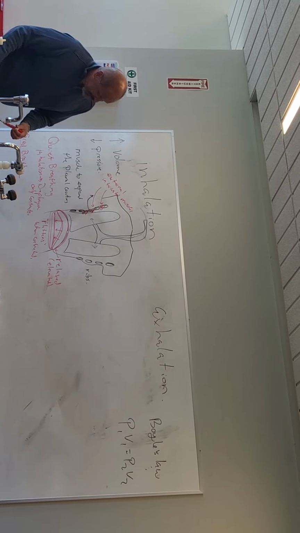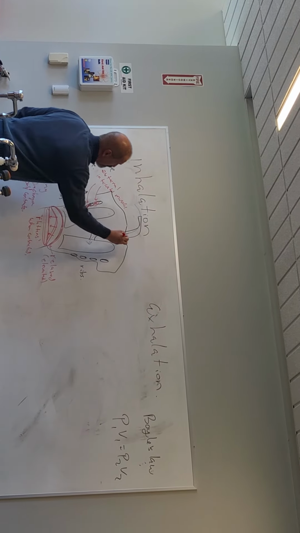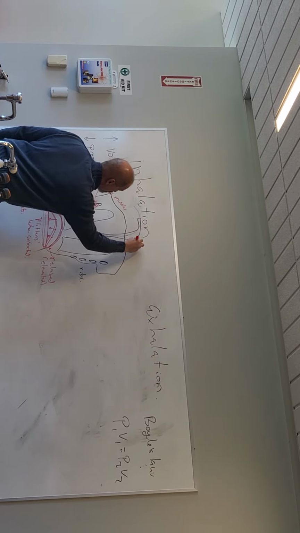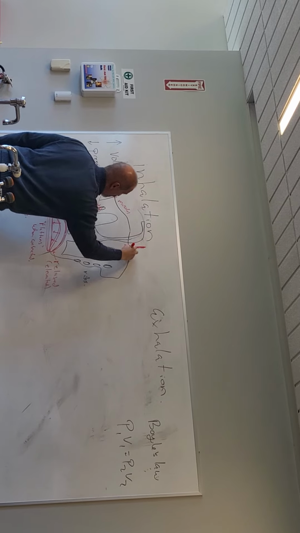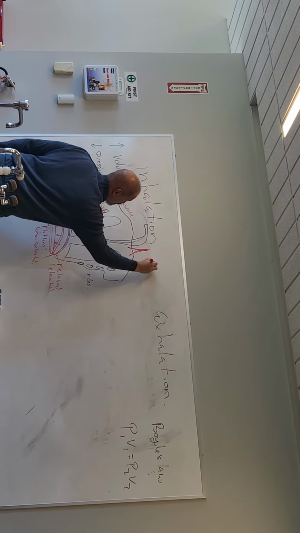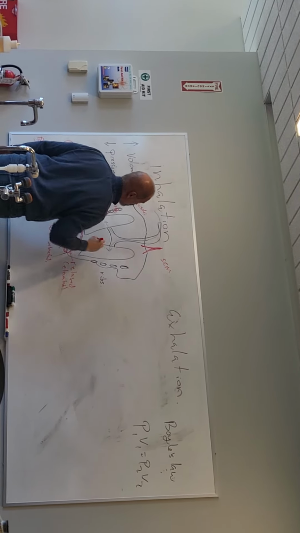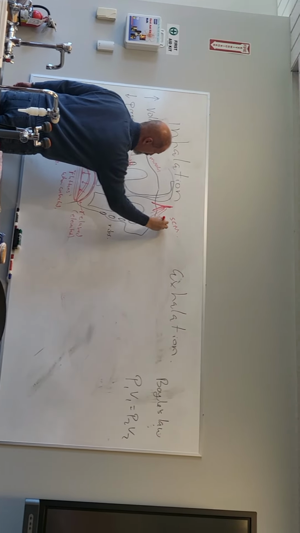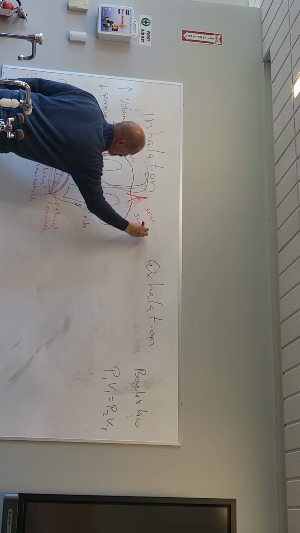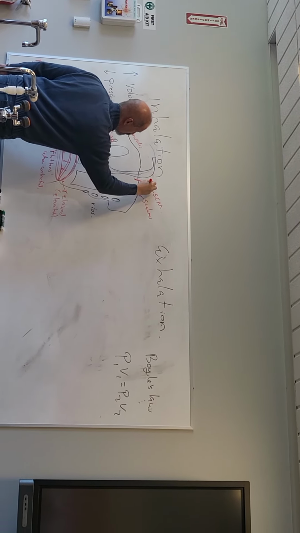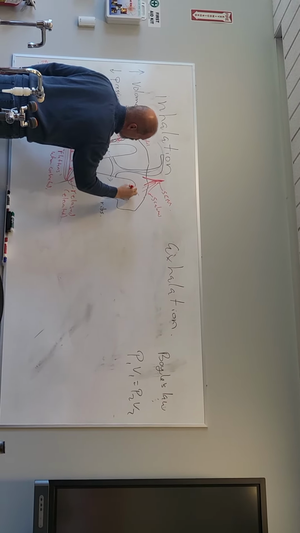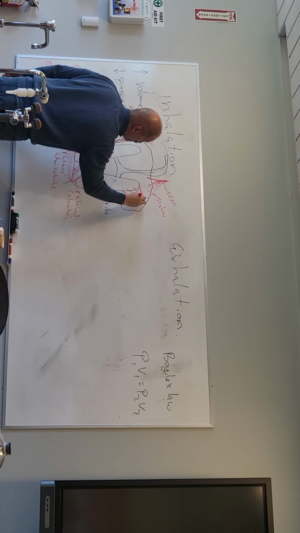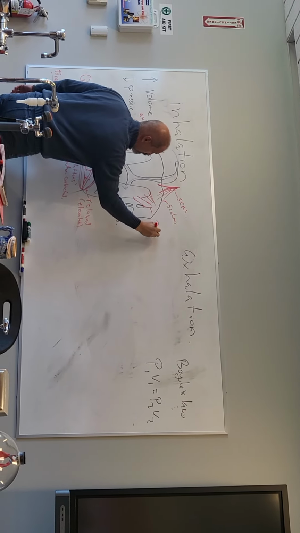We have some muscles that attach to the top of the rib cage too. So up here we have the SCM, sternocleidomastoid muscle. We also have the scalenes. And over here, we have the pectoralis minor.